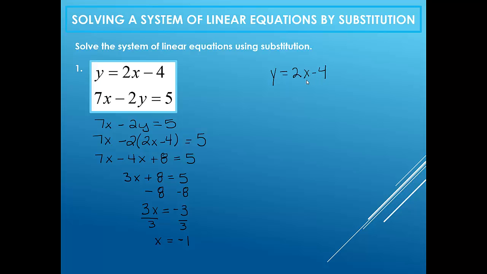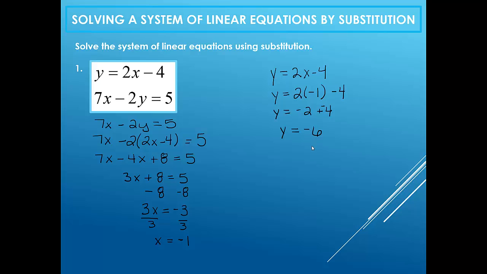Since I know that x equals negative 1, I would have y equals 2 times negative 1, and then minus 4. 2 times negative 1 is negative 2, so I have y equals negative 2 minus 4, and negative 2 minus 4 would be negative 2 plus negative 4, so I'd have that y equals negative 6.